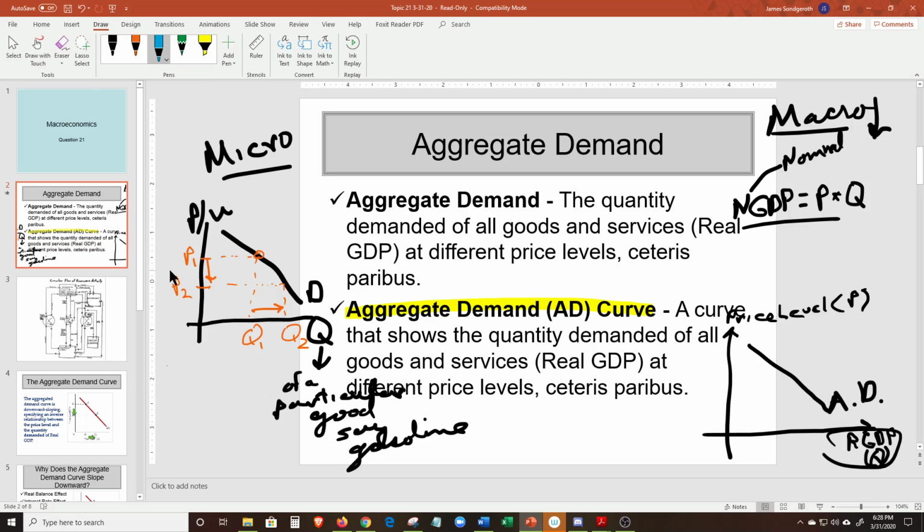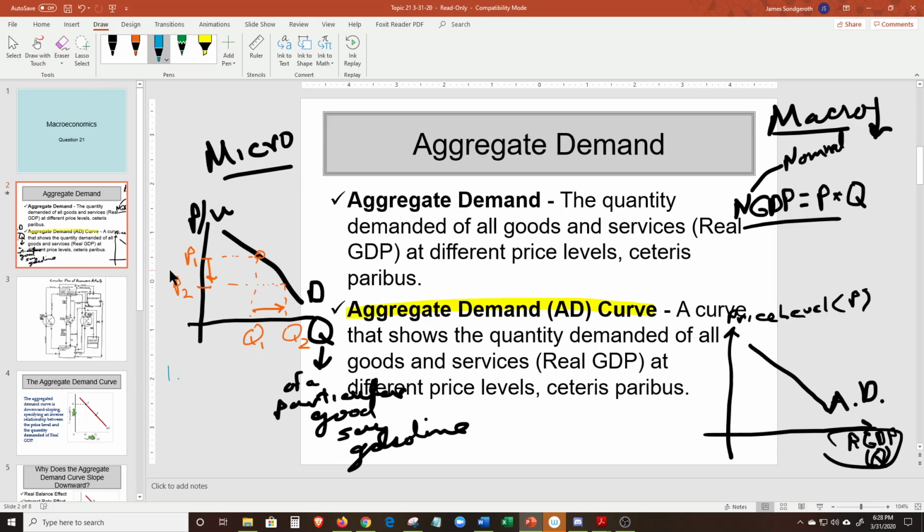The two reasons are, one, the so-called income effect, and two, the substitution effect.